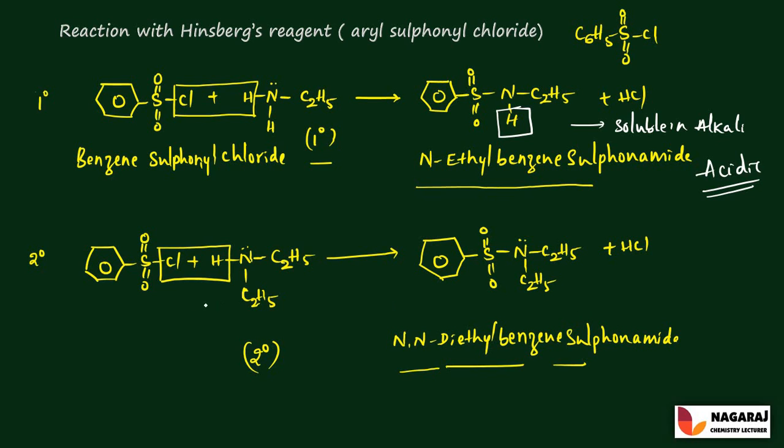But when the benzene sulfonyl chloride reacts with the secondary amines, the obtained product is generally not acidic in nature. Why is it not an acidic compound? Because there are no hydrogen atoms attached to the nitrogen, and this compound is generally insoluble in alkali.